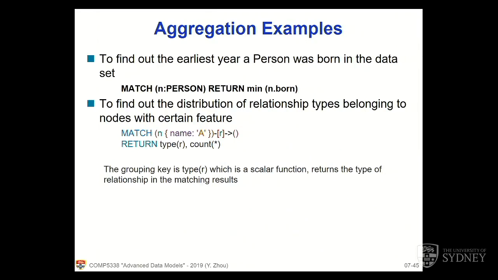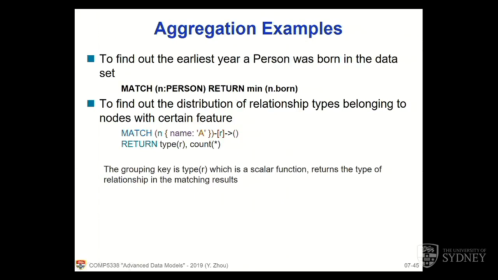Okay, so let's see a few examples of using aggregation to run this group by thing. If we want to find out the earliest year a person was born in the database, basically the oldest person, we do a match. We only need the person node, and we're not going to group it by anything.